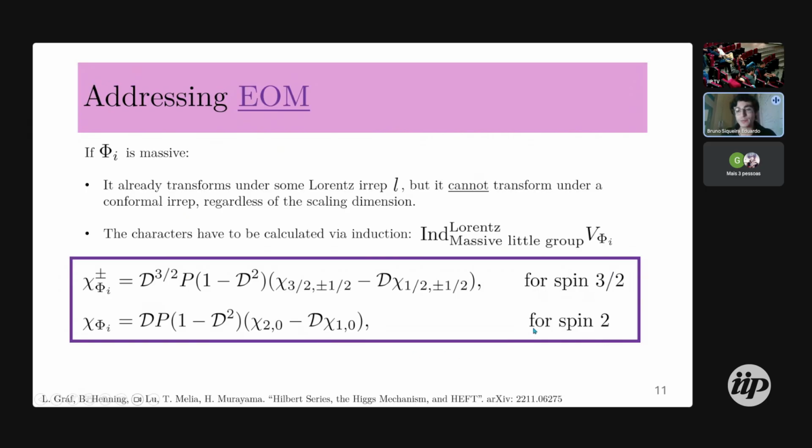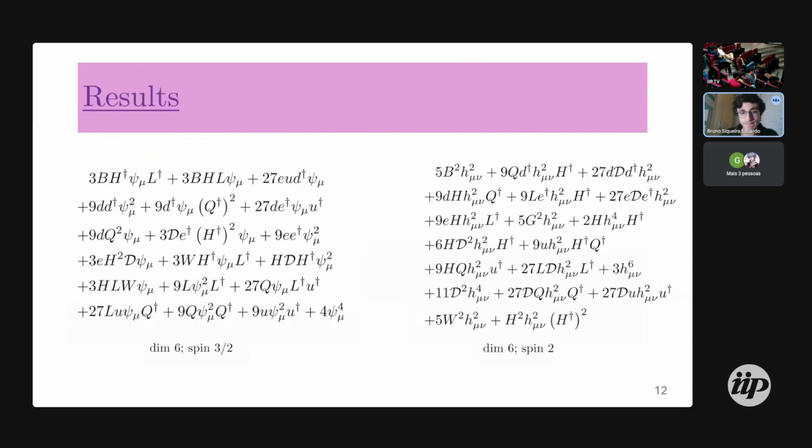All of them are singlets. So we take those characters and we concatenate them to the plethystic exponentials of the standard model fields. Okay. And then after we do that, we can expand the series, and we get the terms.